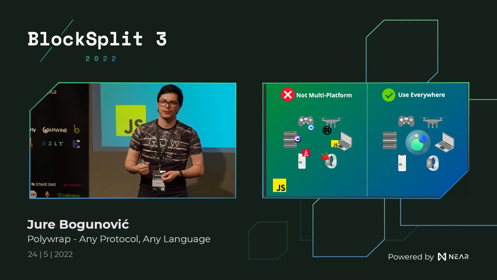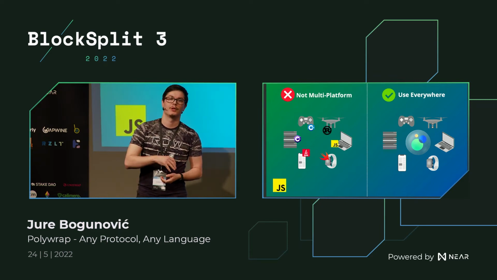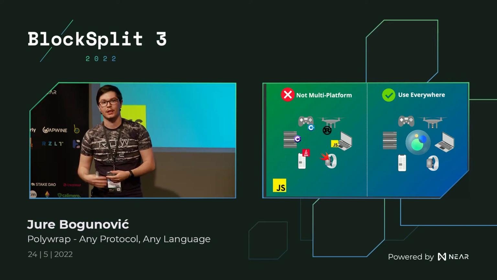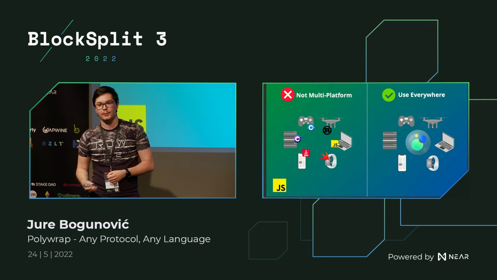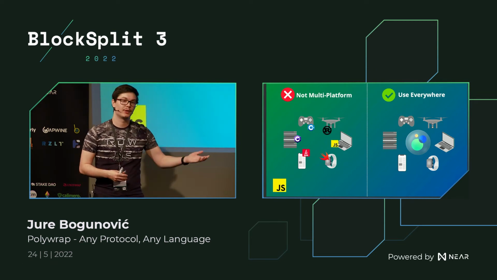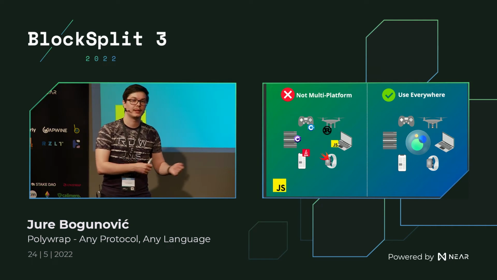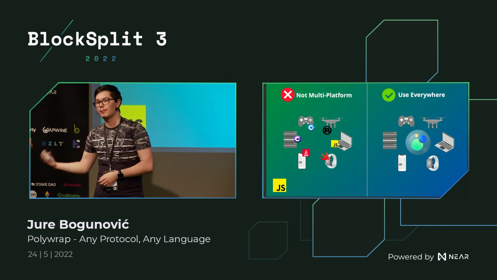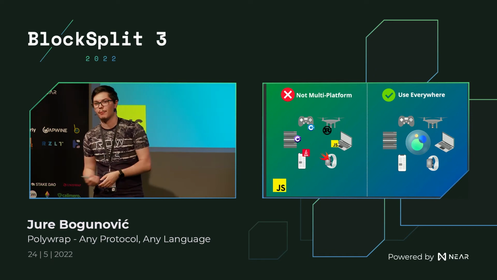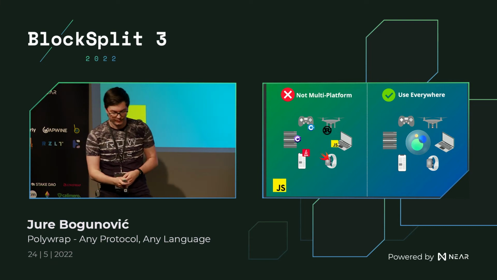For those of you that don't know, AssemblyScript is really similar to TypeScript, but it compiles to WebAssembly, since TypeScript cannot natively compile to WebAssembly. And you can even have a team of developers. Maybe one part of the team works on Go SDKs, so Go wrappers, and another part of the team works on Rust wrappers. And all of them can be used in a single JavaScript app or a single C# app.